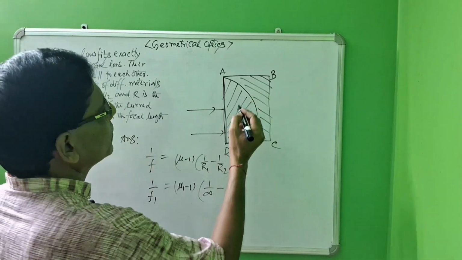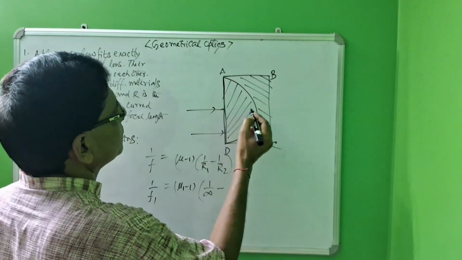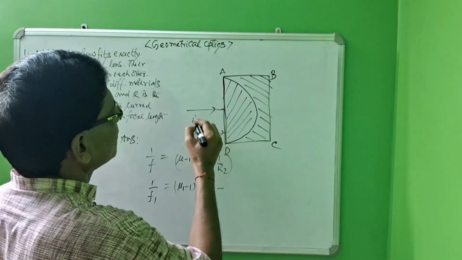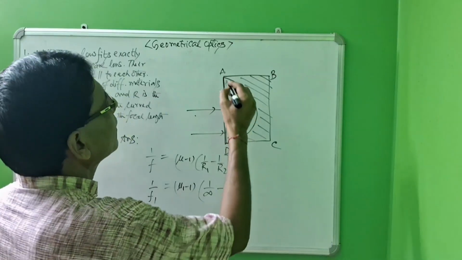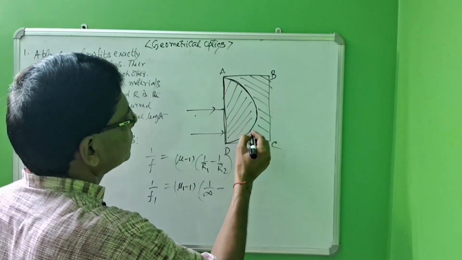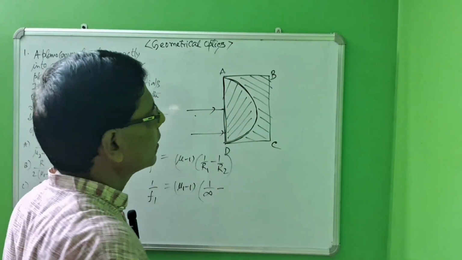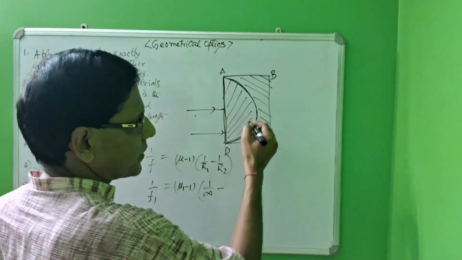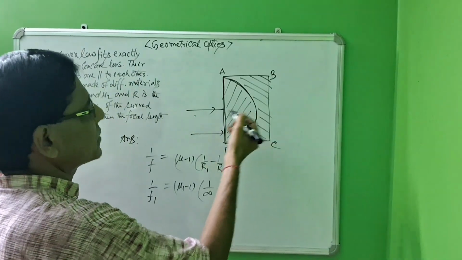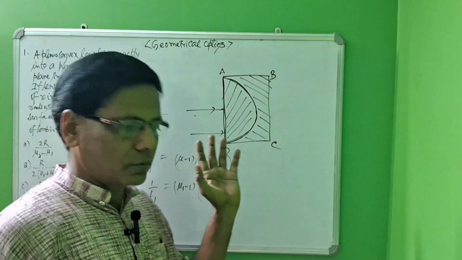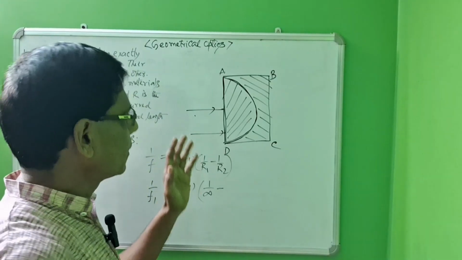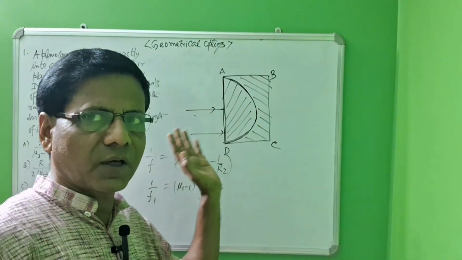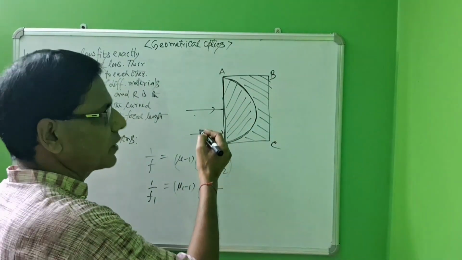Now we get that the center of curvature of this surface is this, that is opposite to the direction of the incidence. So this will be negative.